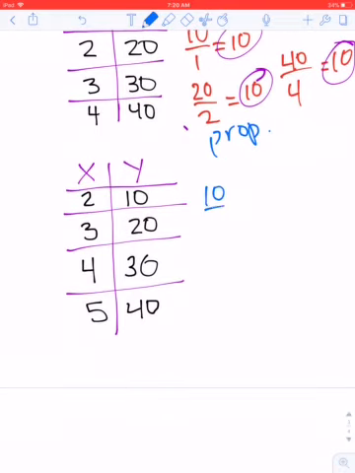My second one, though, let's try it. I have 10 over 2, which equals 5. I have 20 over 3. Now 20 over 3 doesn't divide nicely, so we get something like 9 times 3 is 27, that's too high. 8 times 3 is 24, 7 times 3 is 21, 6 times 3 is 18, so we get something like 6 point whatever.